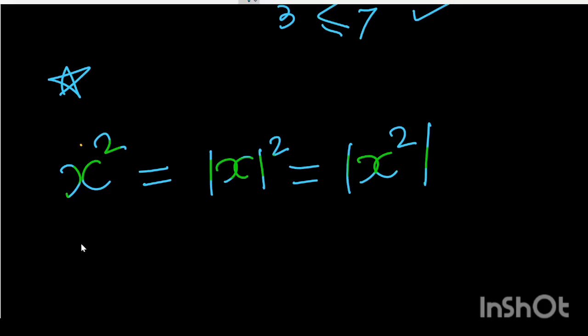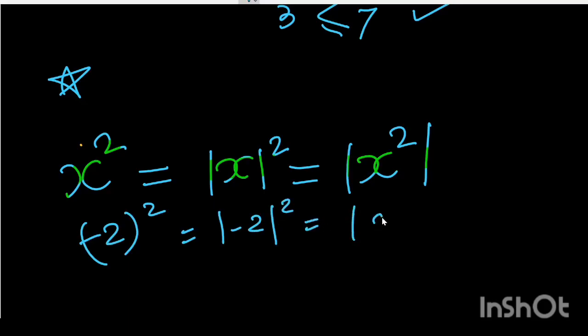For example, |-2|², |(-2)²|: |-2| is 2, 2 squared is 4; (-2)² is 4, and the mod of 4 is 4.